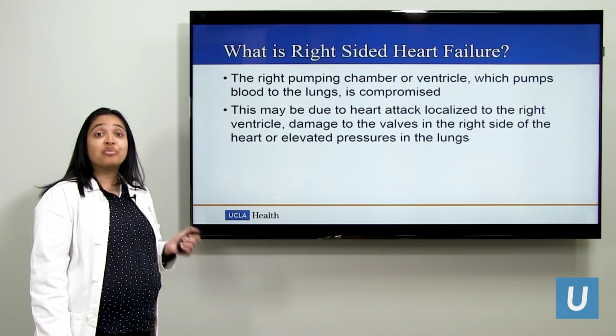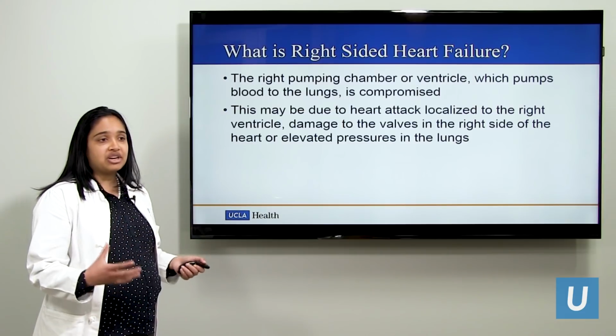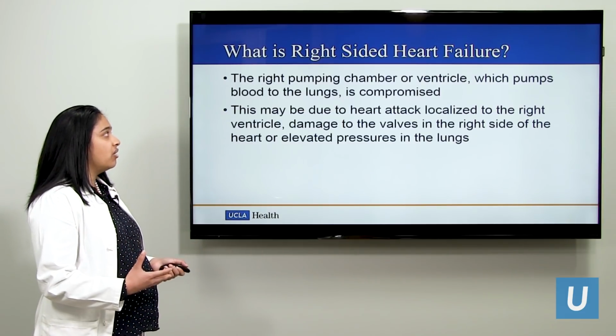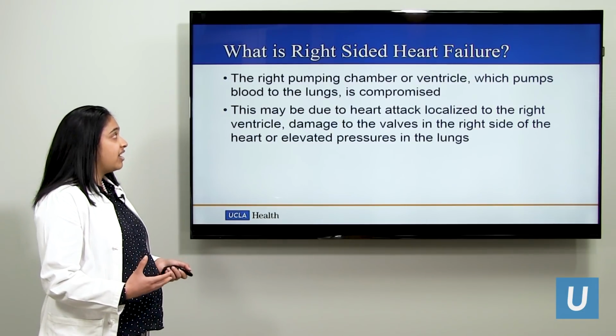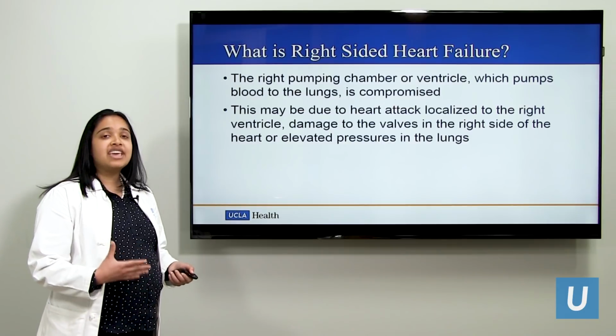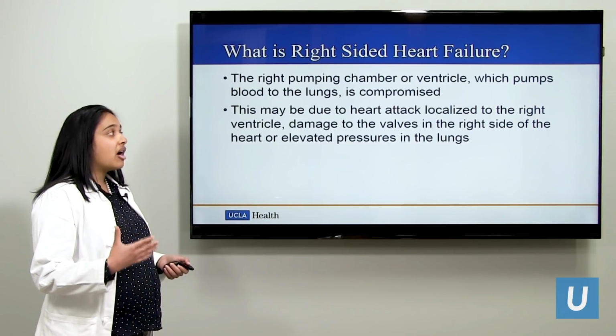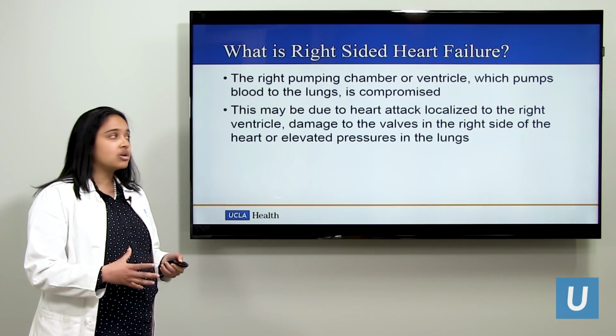When we talk about right-sided heart failure, we're talking about that right pumping chamber, or the right ventricle, which pumps blood to the lungs. And in right-sided heart failure, the right ventricle is compromised. This can be related to a heart attack that is localized to the muscle of the right ventricle.